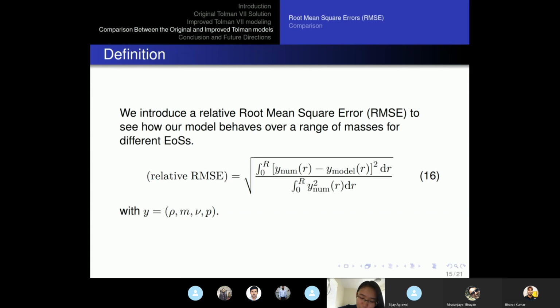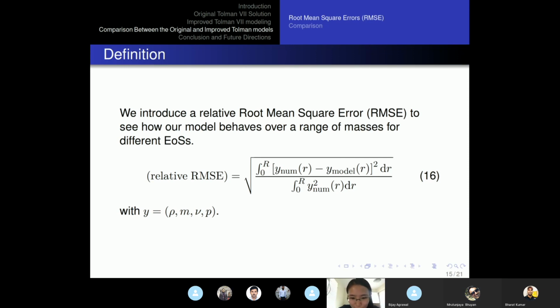Do you want me to explain how I calculate the RMSE? Yes. Okay. Here in the numerator we have this integral over the whole radius of the neutron star. And here I have the Y model, which is the analytic expression for the mass, rho, nu, and p.